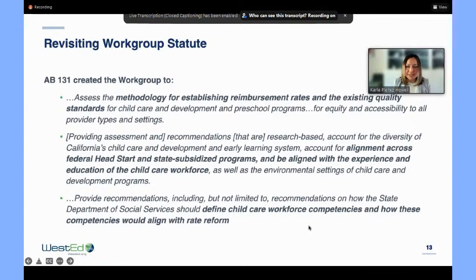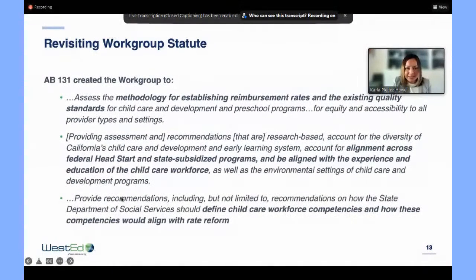Work group members received the report itself that gives the recommendations. And then the second piece are the appendices that we need in order to bolster some of the information that's been shared here. So we wanted to give a quick overview of the report, some of the recommendations, and then we'll spend some time on family, friend, and neighbor, because that was a placeholder in the report. So we want to make sure to address those issues.